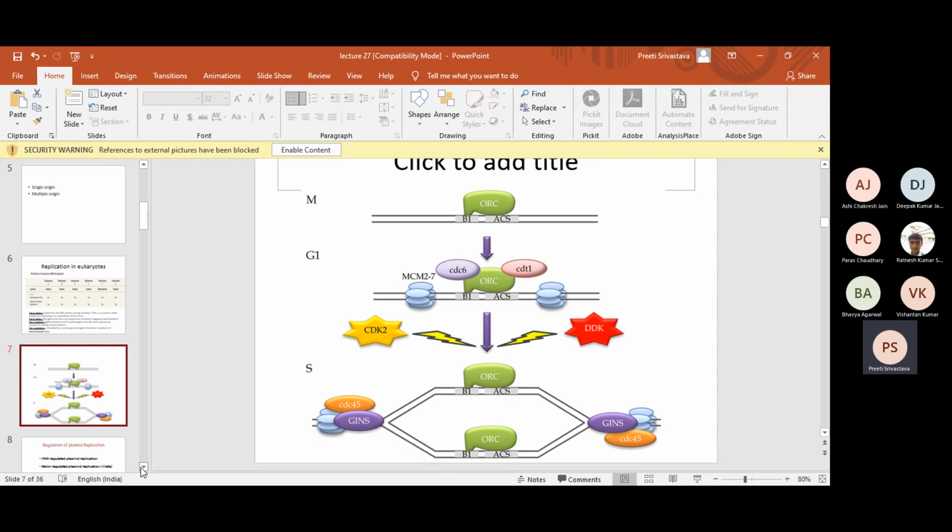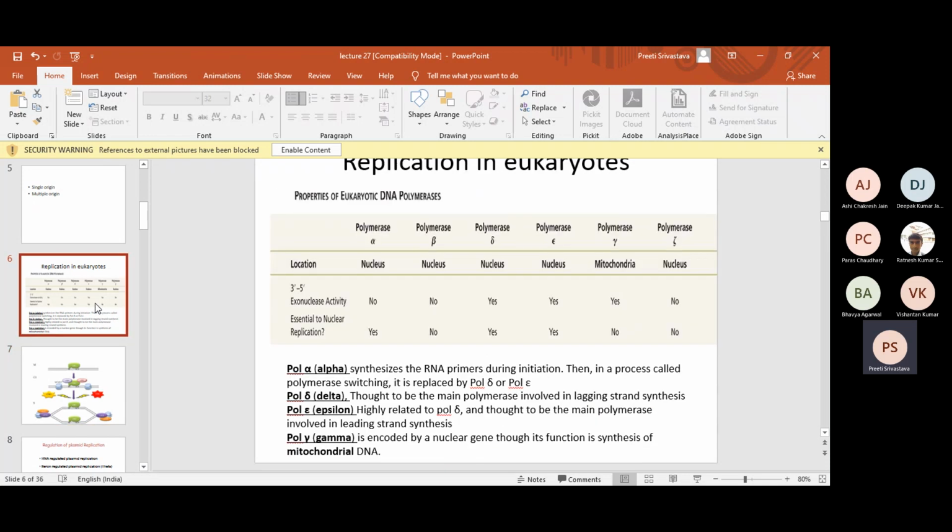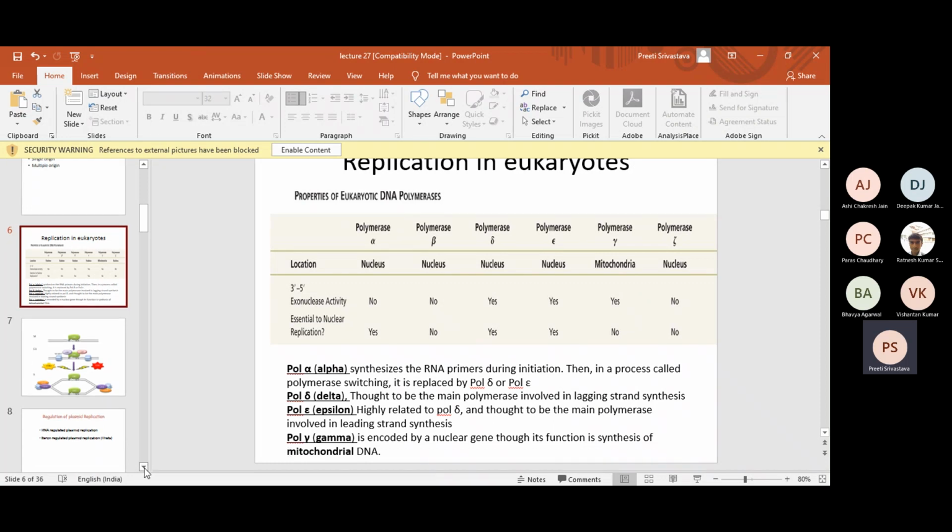The nomenclature of the proteins is slightly different. For example, instead of DnaB helicase, you have MCM2-7. Instead of initiator DnaA, you have CDC6. And the polymerases are also named differently, but they perform more or less similar functions.